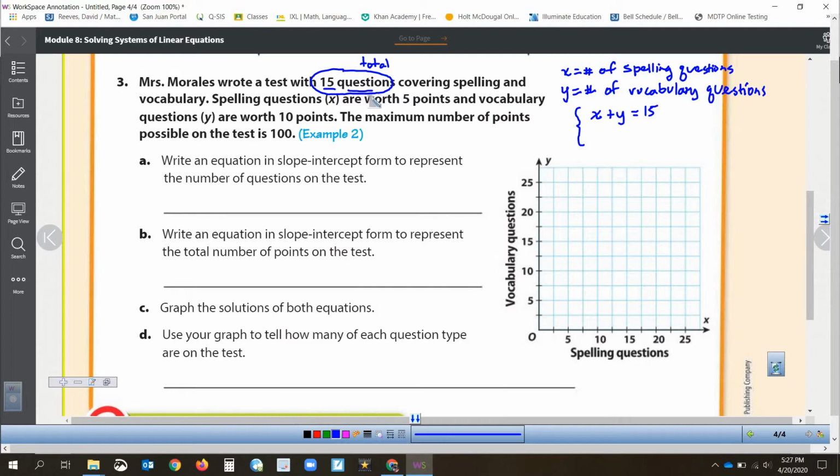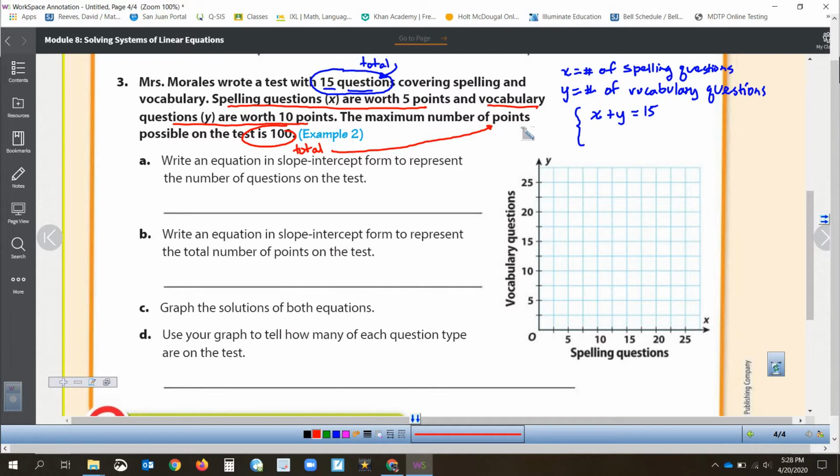But this test is also worth points. It says every spelling question is worth 5 points. So spelling questions are worth 5 points, and vocabulary questions are worth 10 points. And the total here, this is another total, is 100. All right, but this total was total questions, right? And this total is total what?